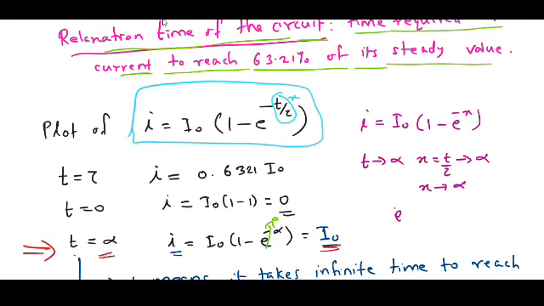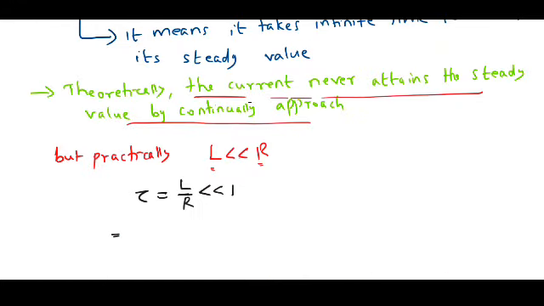Therefore e power minus X means e power minus infinity, which is nothing but 0. Therefore, the expression for the current will be I is equal to I0 into 1 minus 0, that is equal to I0.